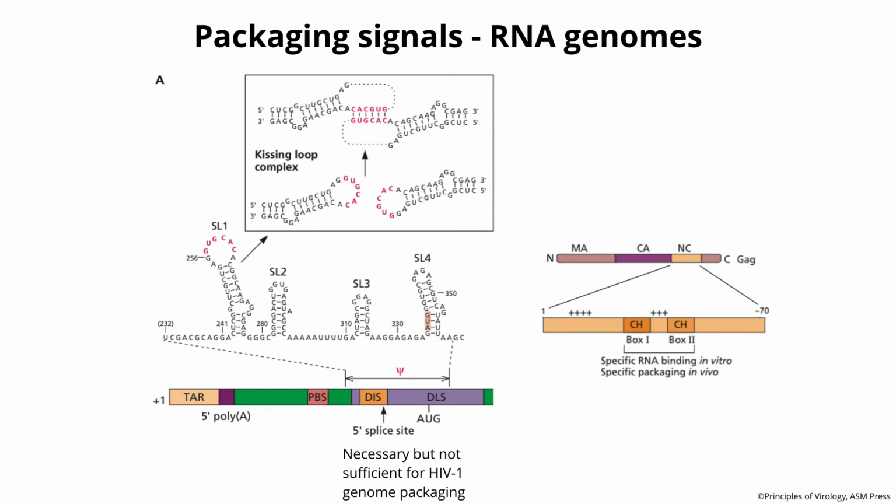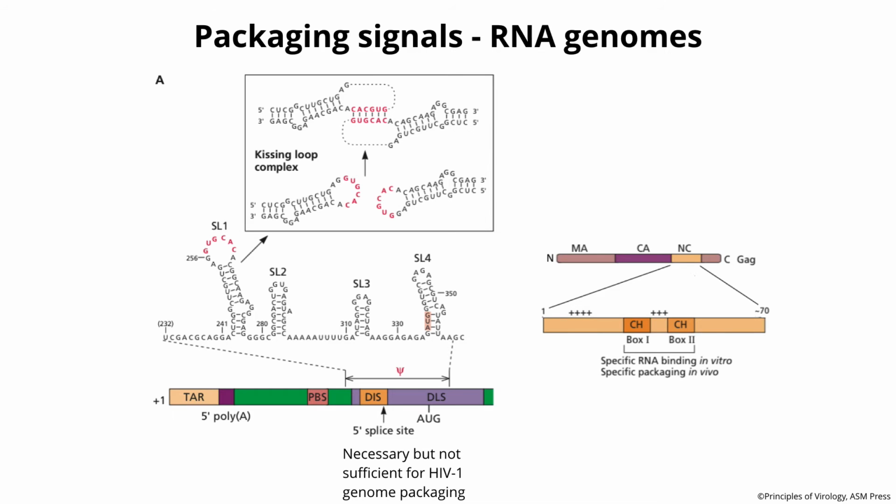The packaging signal is shown by this arrow labeled psi, P-S-I, for P for packaging. And it consists of this RNA sequence shown above, which is not very long, but you can see it's highly structured, has lots of stem loops. And if you take this out of the viral RNA, it won't be packaged.